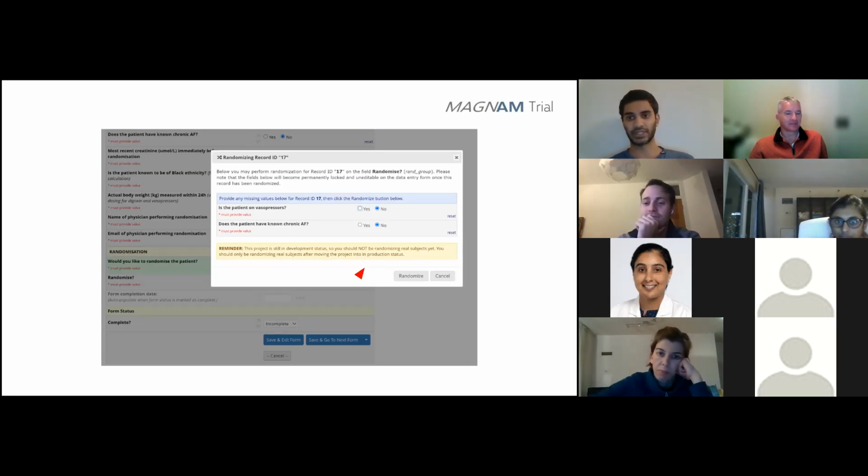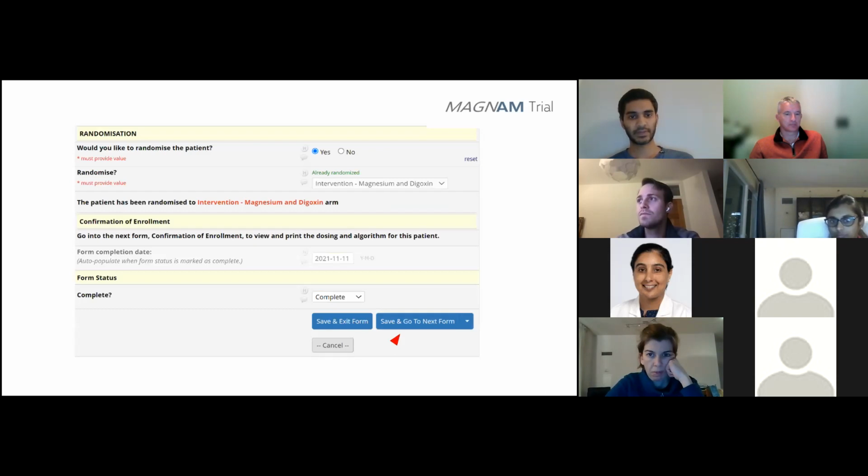The randomization is going to be stratified by vasopressor use, in other words, shock status, and whether or not the patient is known to have chronic atrial fibrillation. So these details will need to be verified at this point, because once you click the randomize button, they're locked for that record.